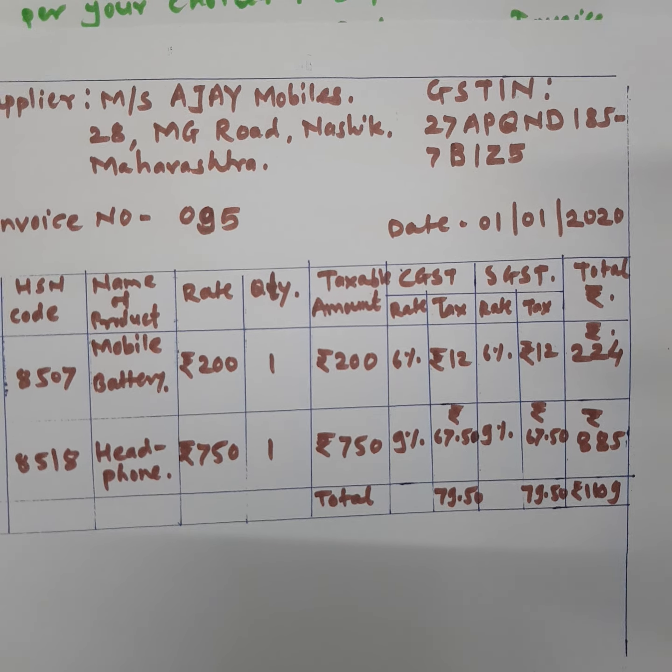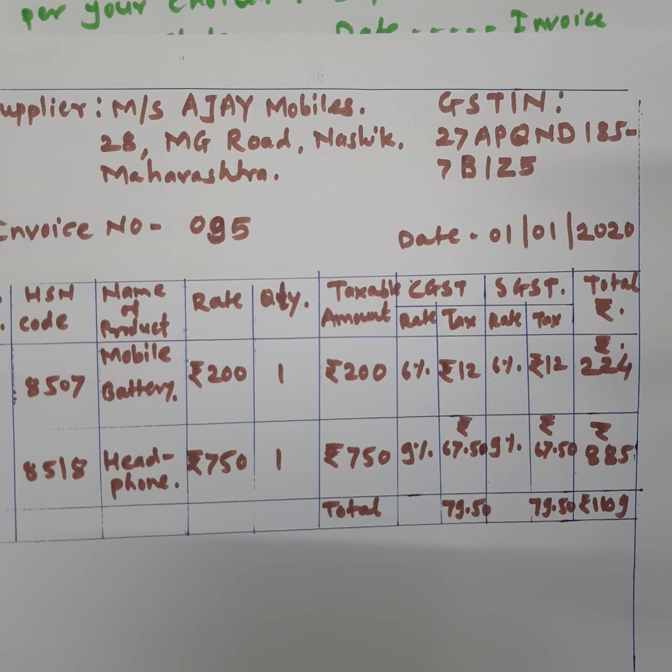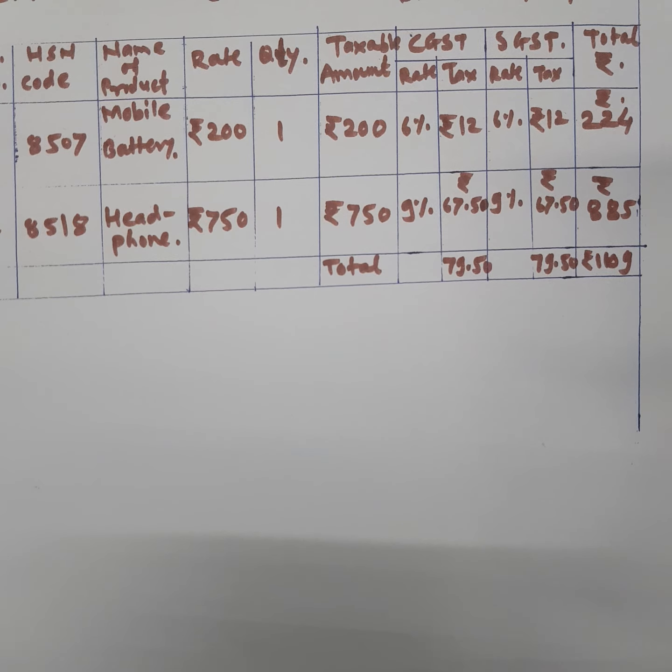Study some other invoices around you in your home. If your father purchased some goods from the market, ask him to show the tax invoices and study them in a proper way. We will solve again some examples from problem set 4A.